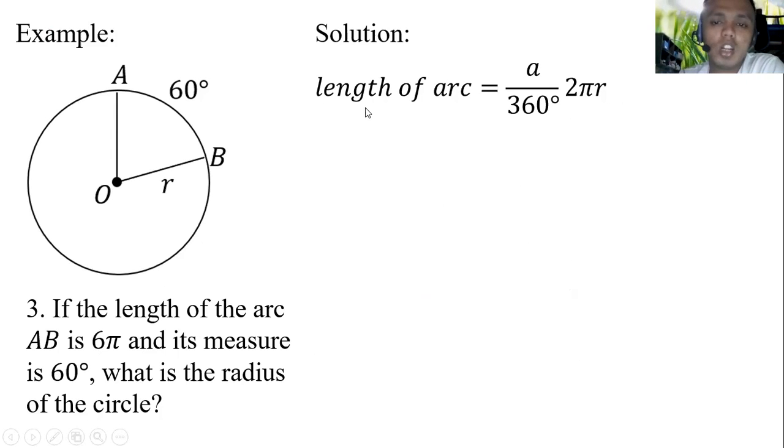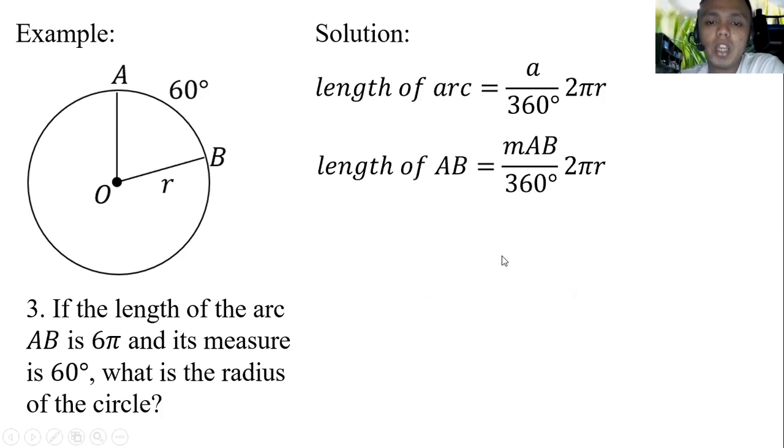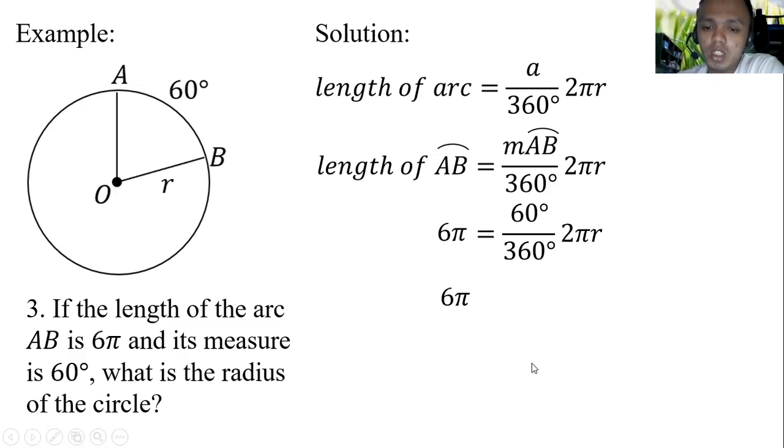Now, substitute your length of arc to 6 pi, and then the measure of arc AB natin to 60 over 360 times 2 pi times r. Kasi ano pa yung r natin dito? Now, lowest term of 60 over 360 is 1/6, and then multiply it by 6, equal to 6 times 6 pi equals 2 pi r.